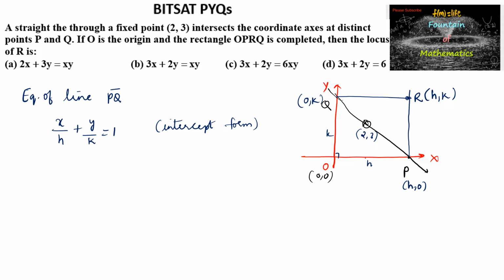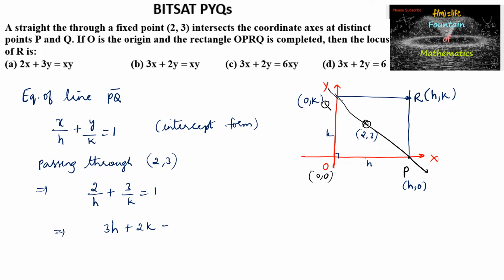And this line is passing through (2, 3). So this implies 2/h + 3/k = 1, or we can write 3h + 2k = hk by simplifying.